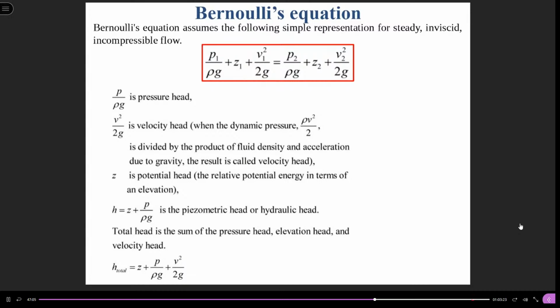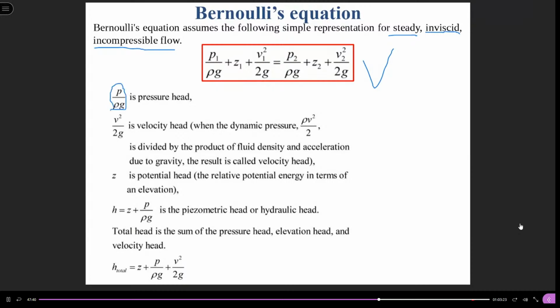Bernoulli's equation assumes the following simple representation for steady inviscid incompressible flow, which is an ideal flow. So the Bernoulli's equation can be written in this form, right?